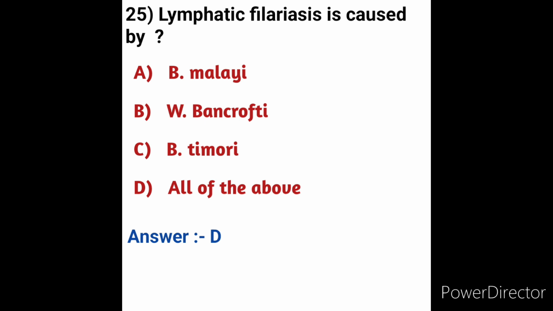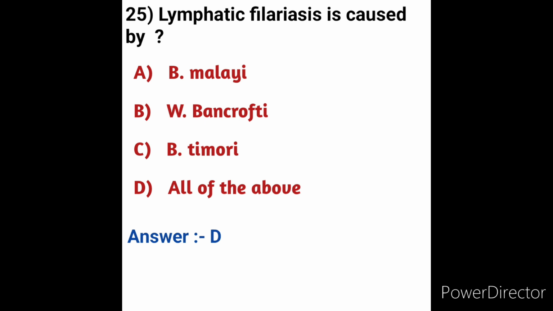Wuchereria bancrofti causes 90% of cases of lymphatic filariasis, while Brugia malayi and B. timori cause 10% of cases. The most cases are Wuchereria bancrofti. Lymphatic filariasis is caused by all of the above. Option D is the correct answer.